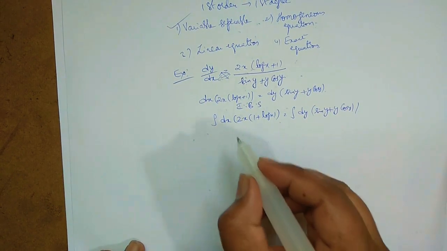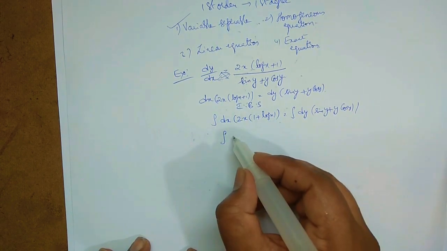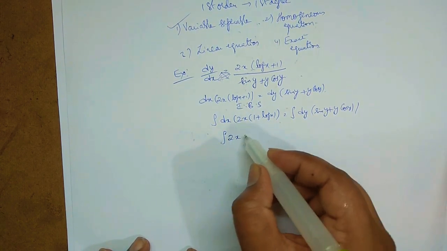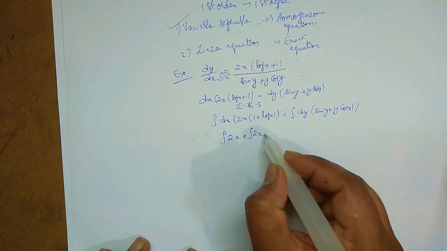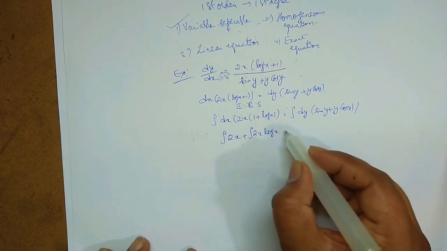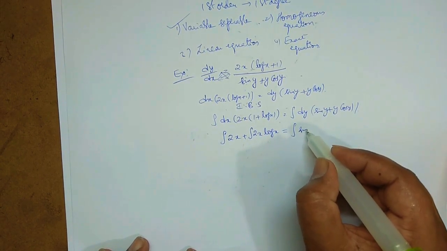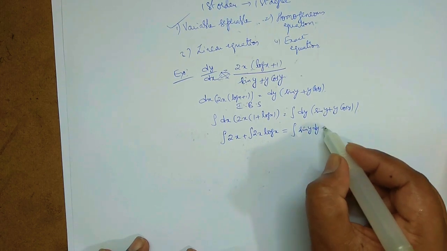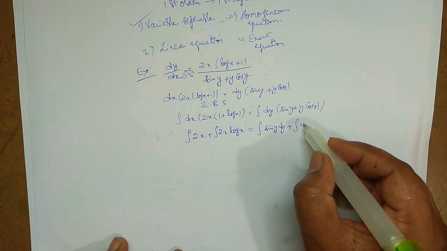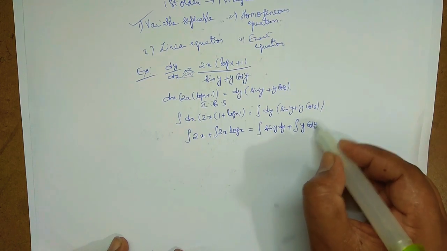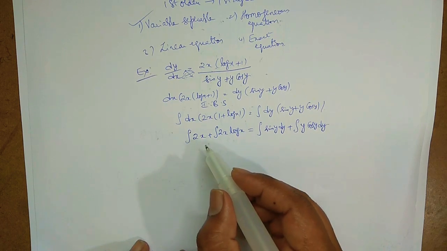Okay, so multiplying this out: integral of 2x dx plus integral of 2x log x dx equals integral of sin y dy plus integral of y cos y dy.